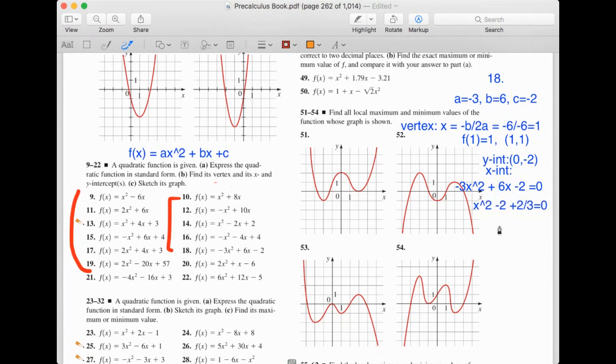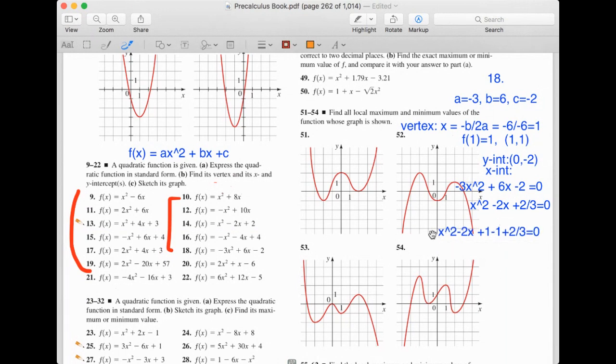It's completing the square. We need x squared minus 2x. We need a plus 1 to make a perfect square. So minus 1, so I add a 0 basically.